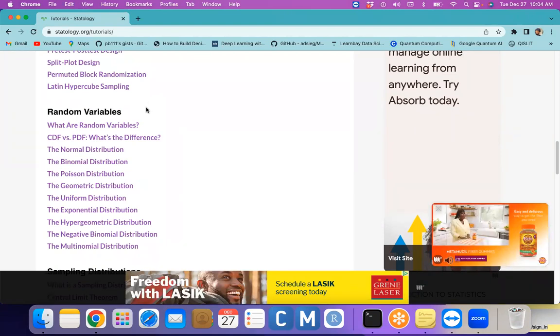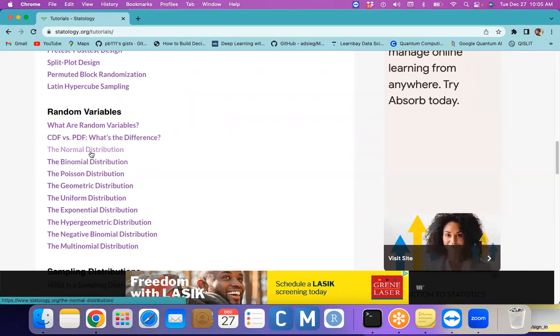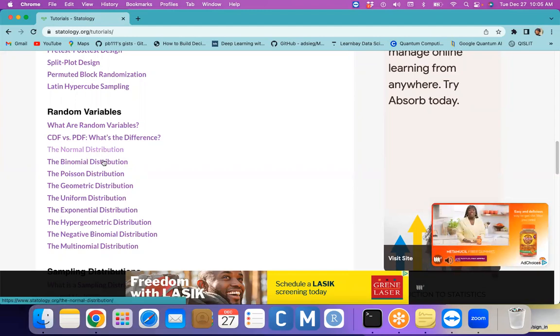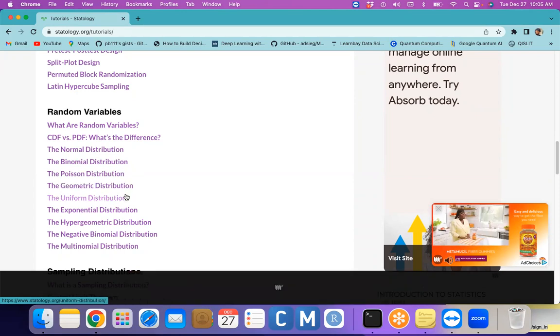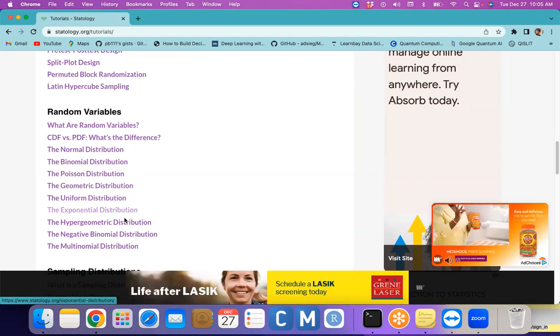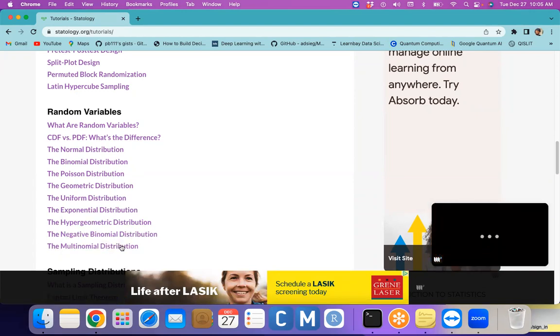If it holds some huge data, then you would go for distributions. There are different kinds of distributions, like normal distribution, binomial distribution, Poisson distribution, geometric distribution, uniform distribution, exponential distribution, hypergeometric distribution, negative binomial distribution, and multinomial distribution.